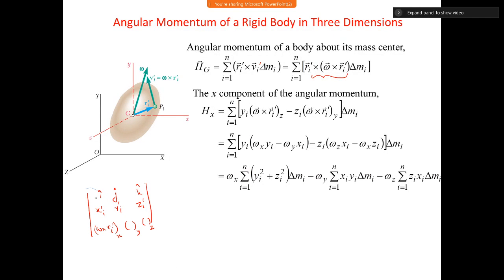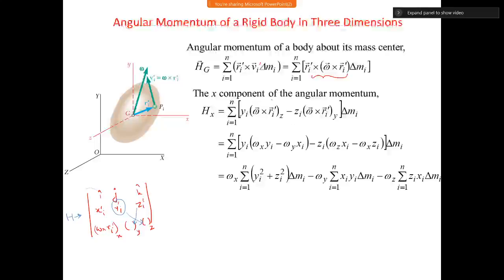If you see just the i cap component, it is going to be this multiplied by this minus this multiplied by this, right? So the hx component is going to be yi times the z component of omega cross ri prime, minus zi times the y component of omega cross ri prime.